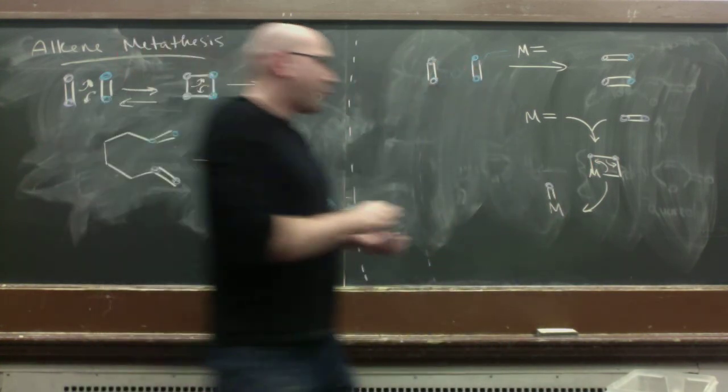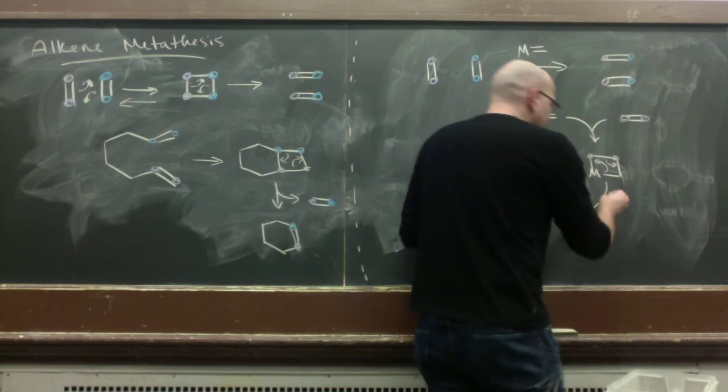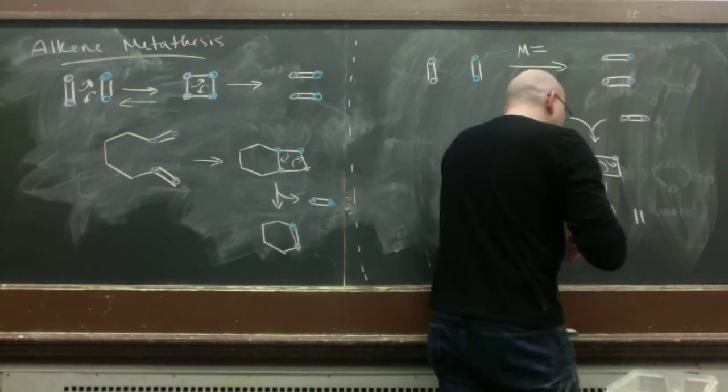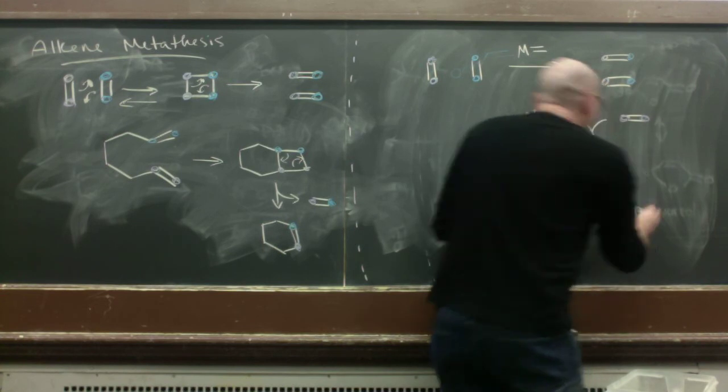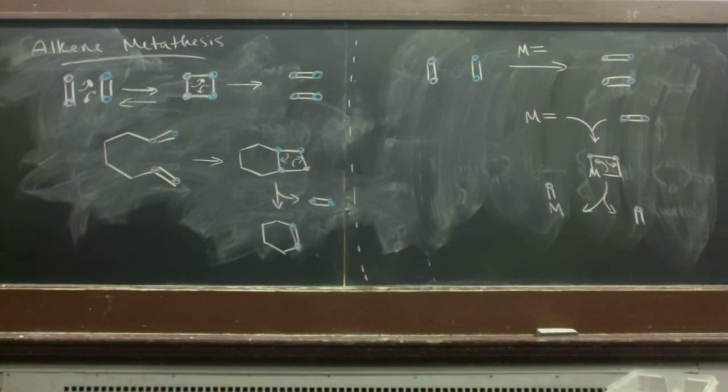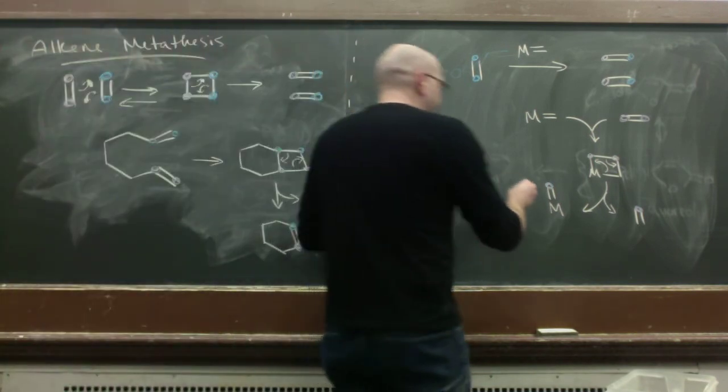During this process, what we're going to generate is, for example, a new alkene, which we can put over here. Say that's a terminal alkene, and perhaps this might generate a gas. We'll go through some specific examples that perhaps could do this.